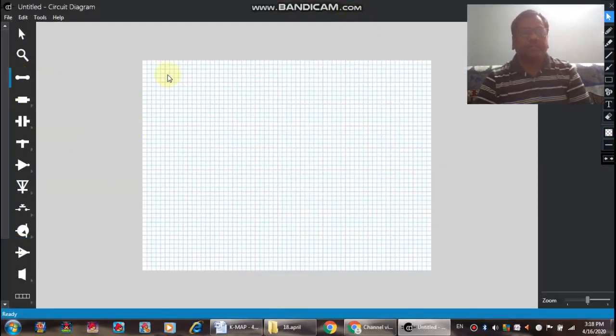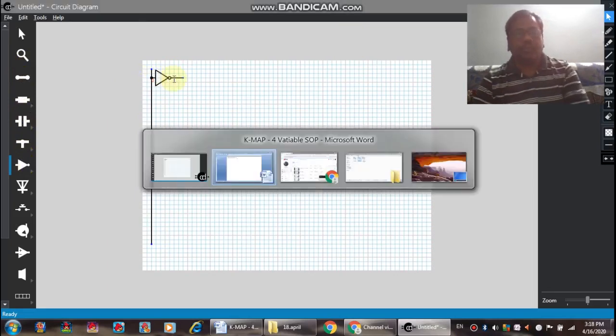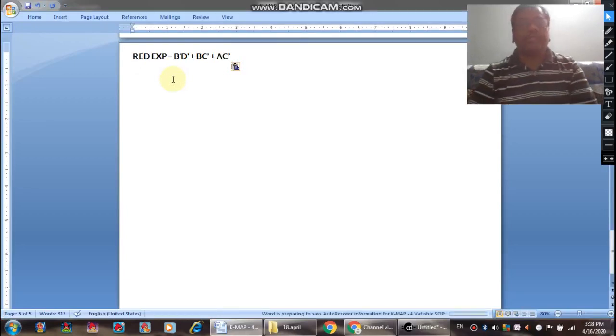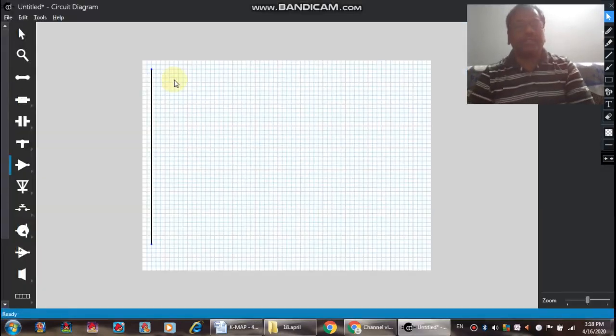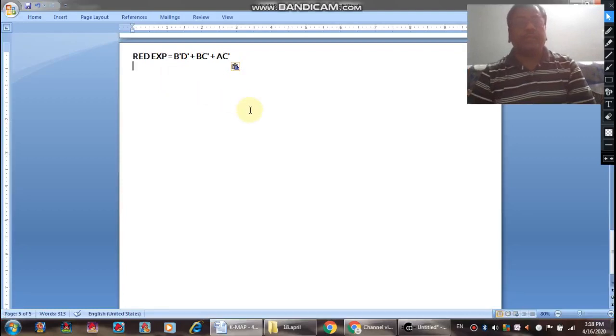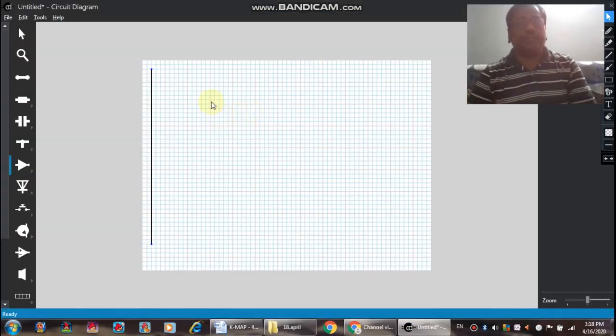Now first we have to create the straight lines, then we have to use a NOT gate here. Just keep on checking. We need A bar? No, we do not need A bar. We need B bar, yes, we need C bar, and we need D bar. That means the line A is created.